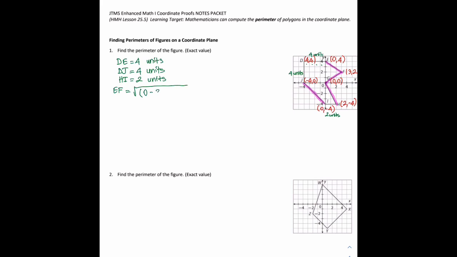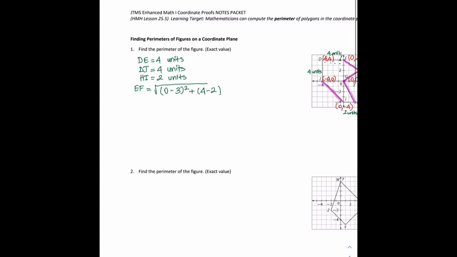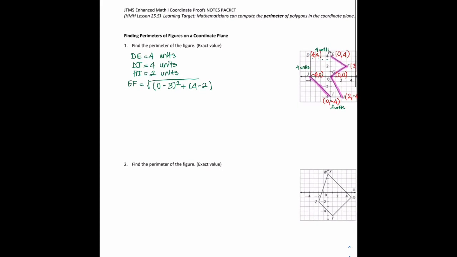So 0 minus 3 to the second power plus 4 minus 2 to the second power, which will be the square root of 9 plus 4, which will give us the square root of 13.